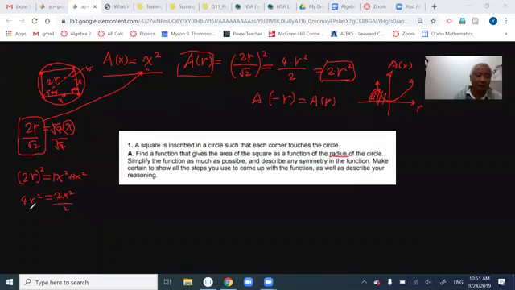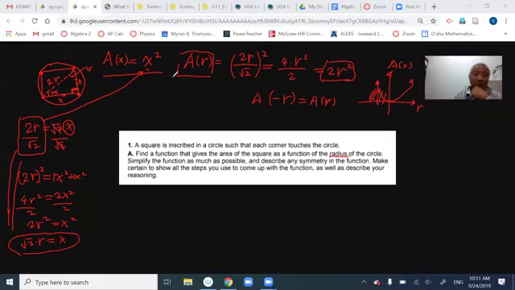Divided by 2, divided by 2, this is 2r squared equals x squared. So x equals square root 2 times r. You see? We got the same thing. This one is the same as this one, because if you multiply this one by root 2 on both numerator and denominator and simplify, you get the same thing.